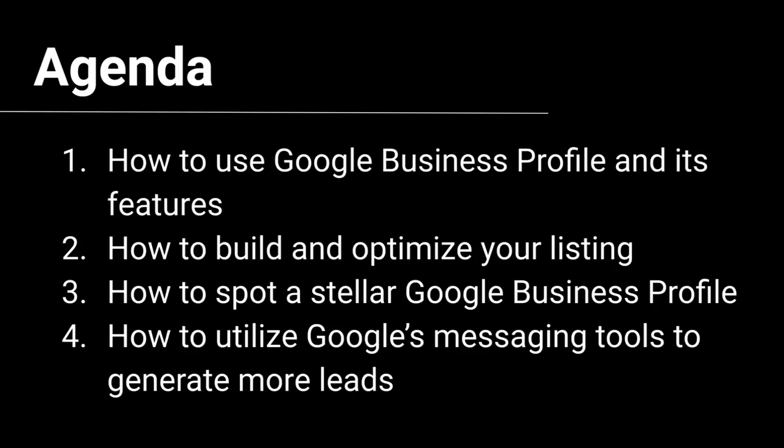We'll then dive into spotting a stellar profile. So this is going to be a lot of examples showing you some do's and don'ts and things like that. And then finally, we'll talk about how you can utilize Google's messaging tools to help you generate more leads. This is something that is brand new from Google over the past year. So I really want to be able to educate you all on this so you can utilize it and help to grow your business and get more customers.